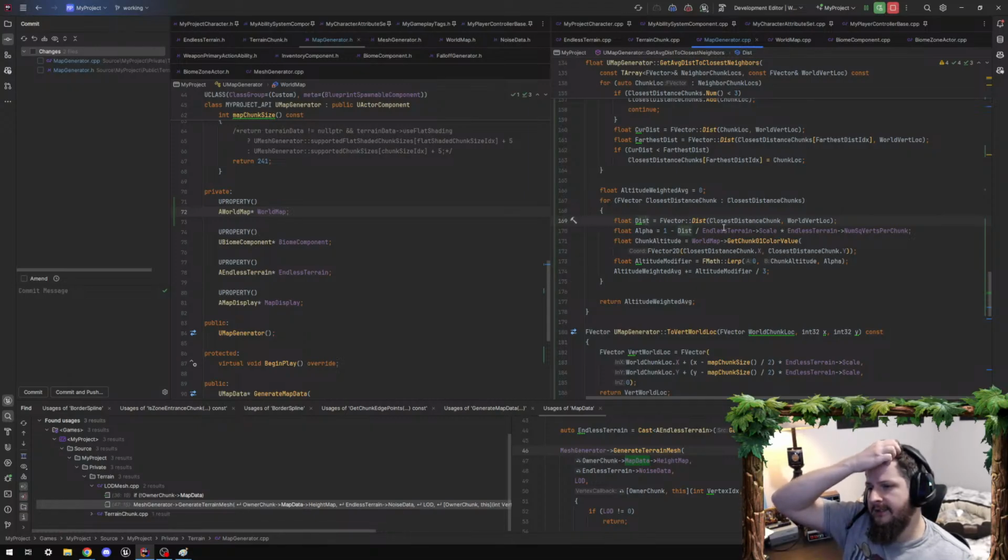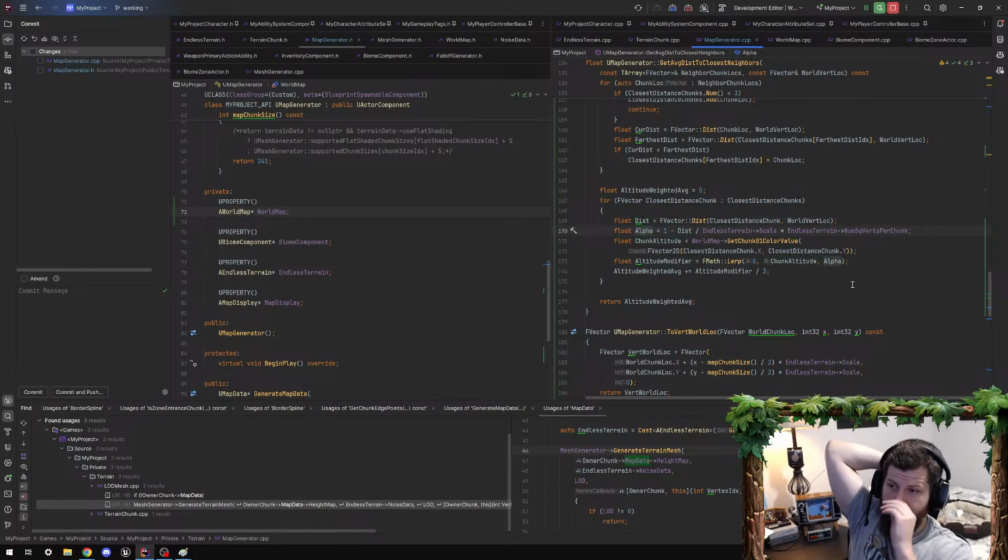Recap. Okay, we're getting the distance and using the distance as the alpha for the lerp, to get the altitude modifier, where the max value is the chunk altitude, which should be in the center of the chunk.